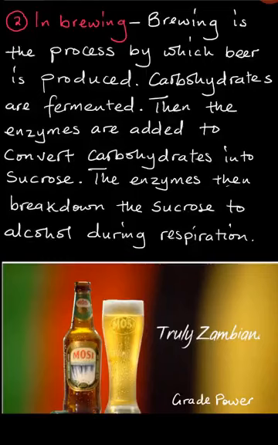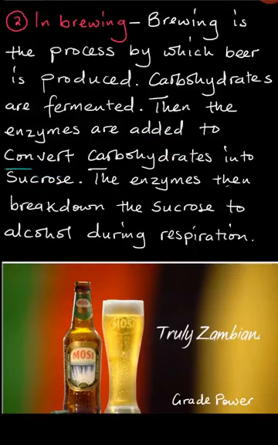Now, when beer is being brewed, the first process is that carbohydrates such as maize or barley or wheat, any carbohydrate, can be fermented. So what those people that make beer do is that they get these carbohydrates and ferment them. Once these carbohydrates have been fermented, enzymes are added to convert those carbohydrates into sucrose.